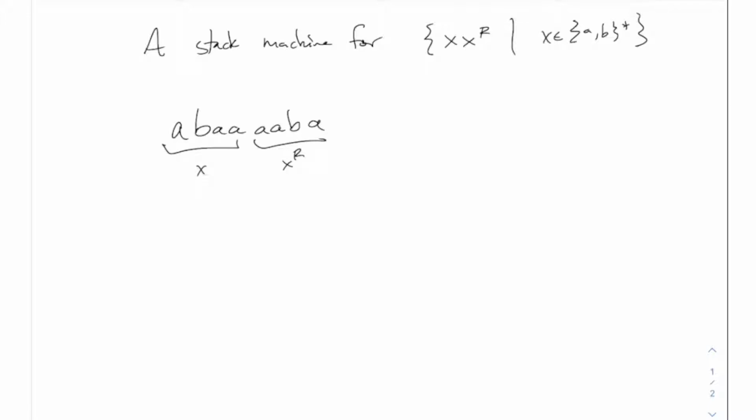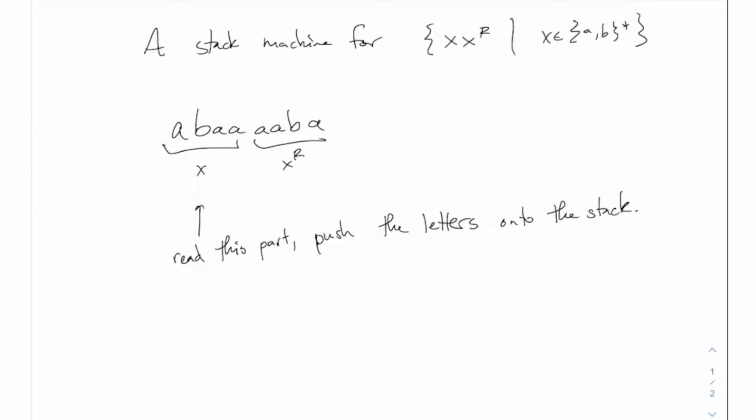Now, as you read the string, and you're using a stack to process this string, what you can do is read the first half and just push the letters themselves onto the stack. The result of this, if you're doing it right here, would be A goes on the bottom of the stack, and then B next, and then A next, and then A next.